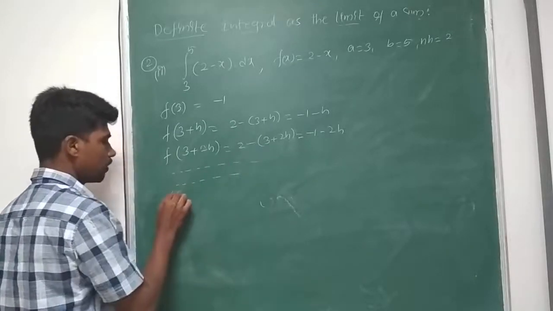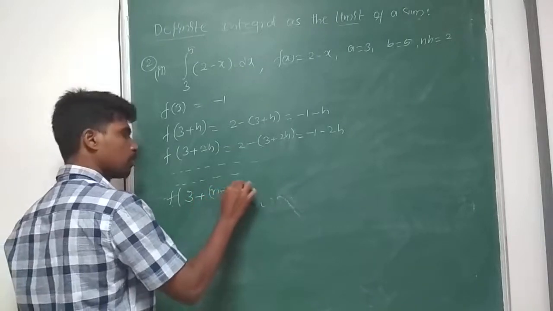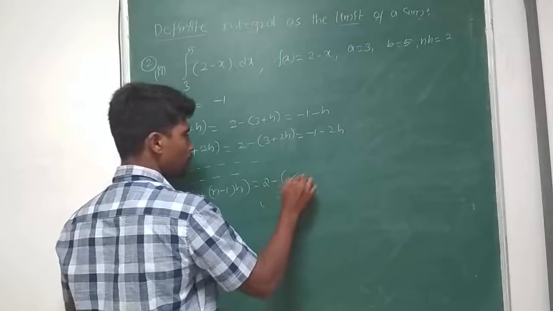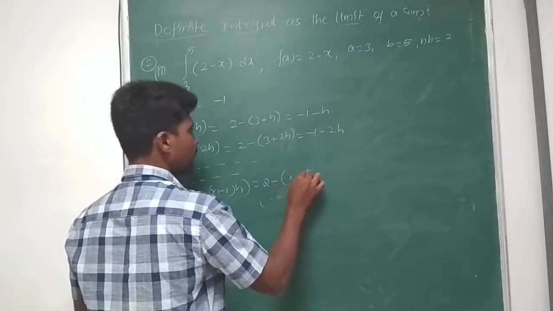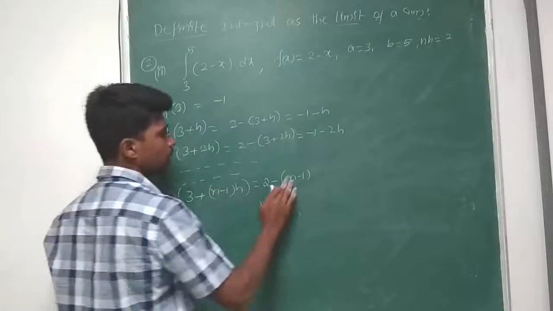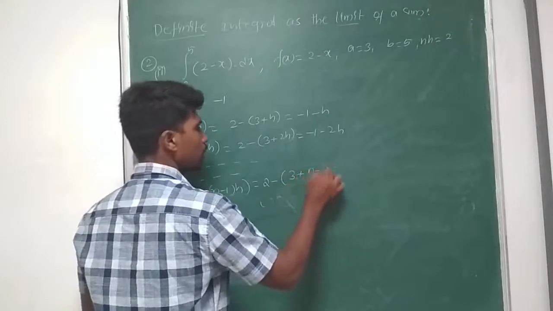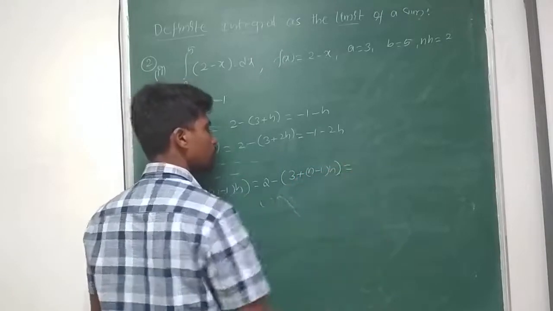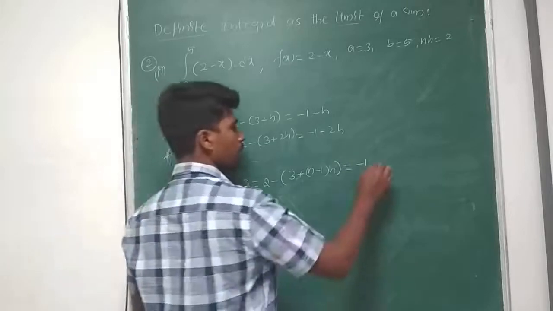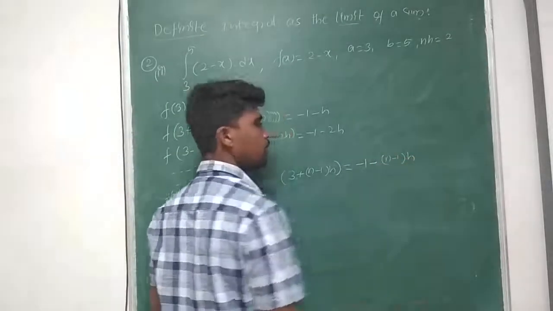So I found till the last one, which is nothing but a plus n minus 1 into h, which is equal to 2 minus, in place of x I have to substitute 3 plus n minus 1 into h, which is equal to 2 minus 3 minus n minus 1 into h, that is minus 1 minus n minus 1 into h.